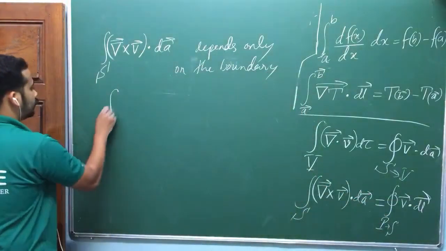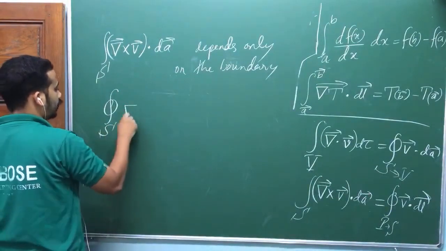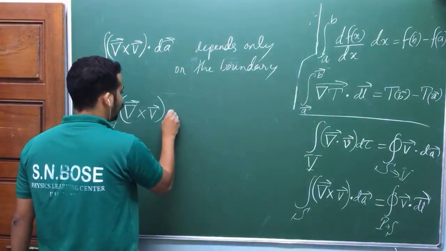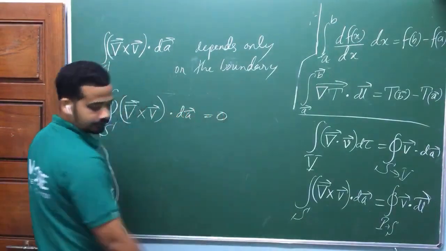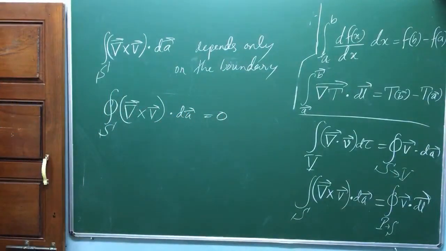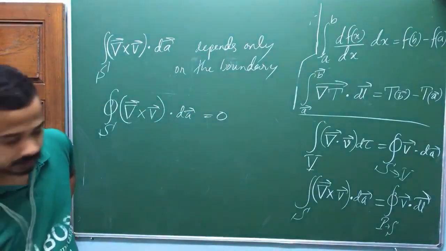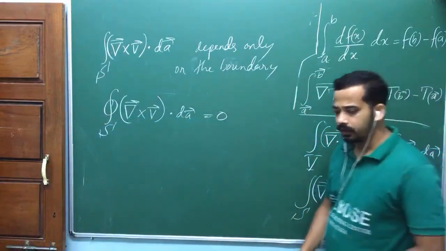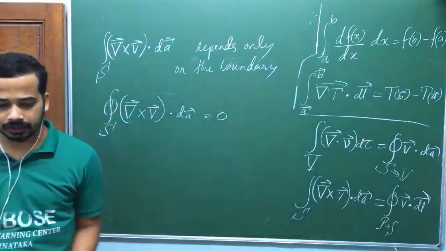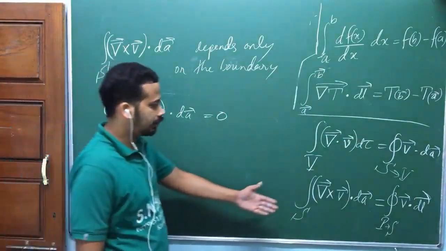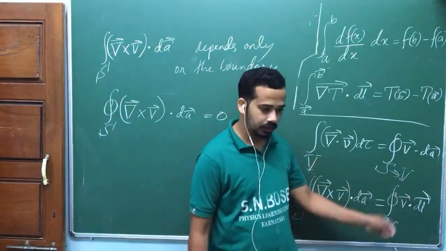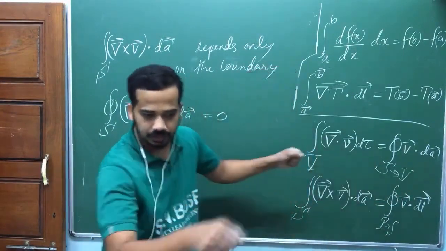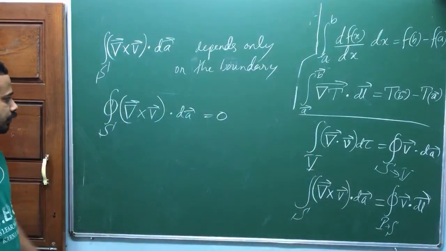That's why the closed surface integral of curl of a vector field, whatever vector field you take, dot dA vector is equal to 0 for any closed surface, because there will be no boundary line, or the boundary path will shrink to 0. You can take that kind of idea, isn't it? If you make the boundary smaller, just like you are tying the balloon, that will be 0.